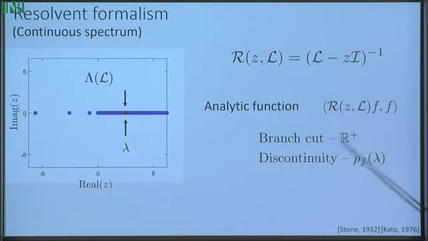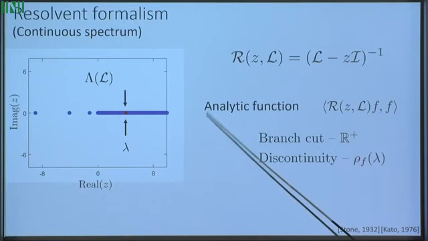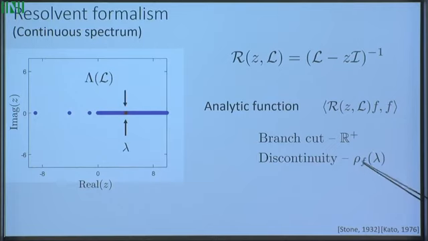So when this is a branch cut, the discontinuity, the jump across the branch cut, is exactly the density function for the absolutely continuous spectrum. So this goes back into some early work by Stone at the very beginning of last century. And another good resource, like Nick mentioned, is CATW for all this stuff.